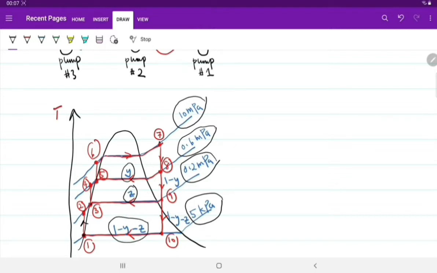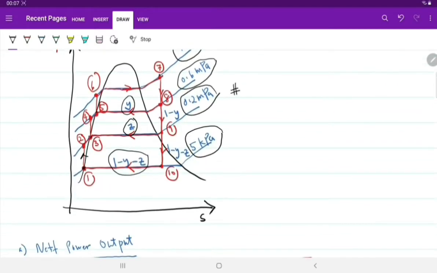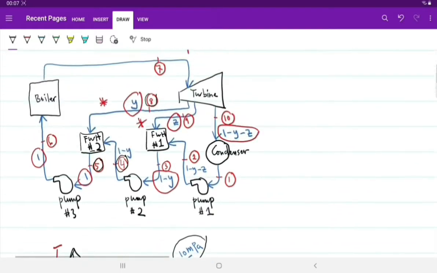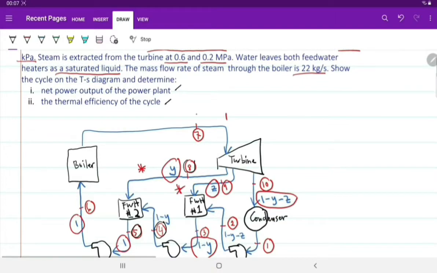So this is the TS diagram for this process. Okay, in terms of analysis, we are looking at the net power output and the thermal efficiency.